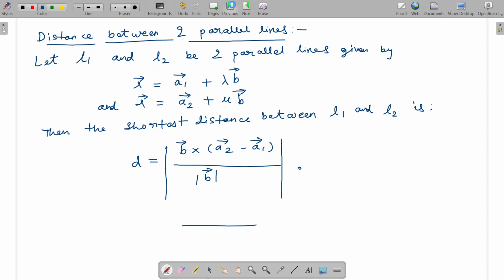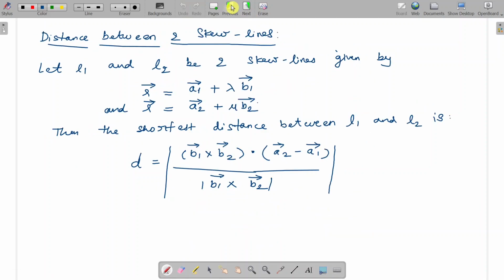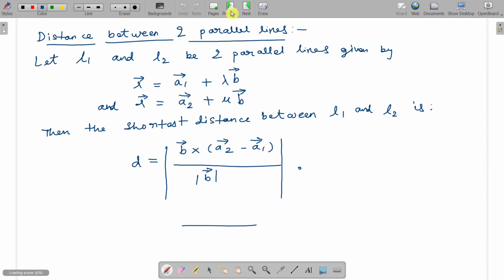Let us check if I have written the shortest distance here. Yes, shortest distance, that is important.